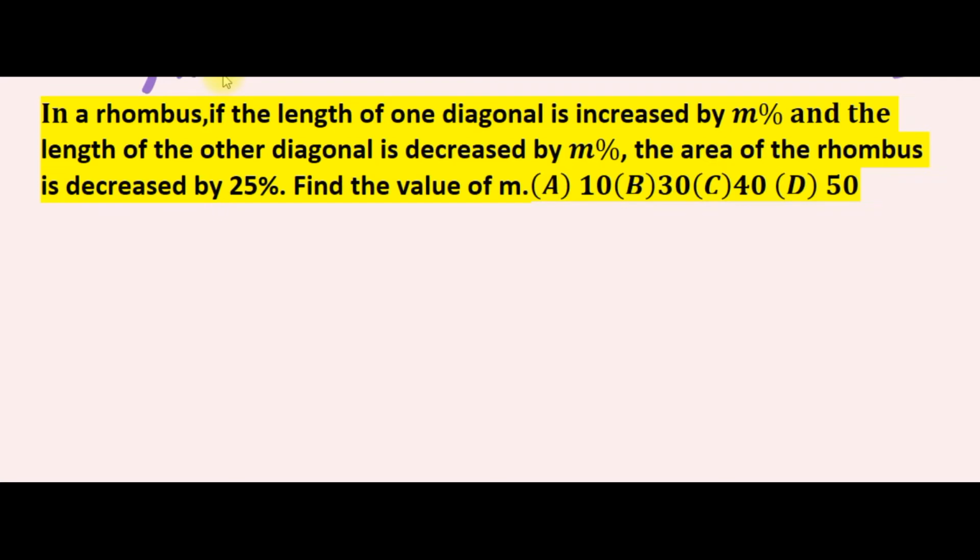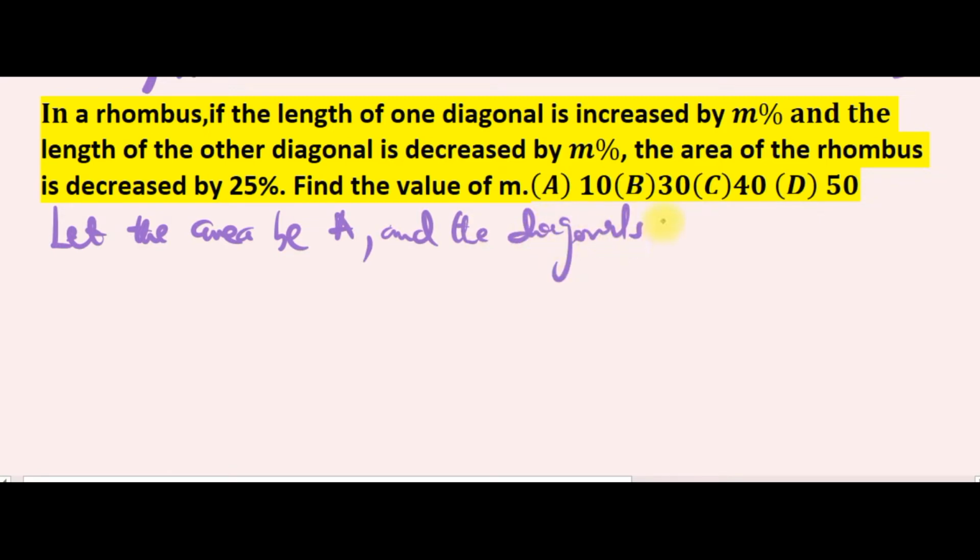Okay, the first thing we'll do here is let's get the area first, the formula for the area. Let's just denote the area be A and the diagonals be D1 and D2 respectively.